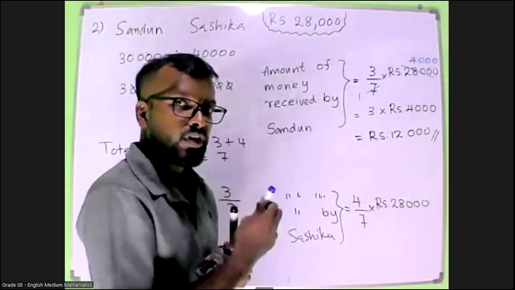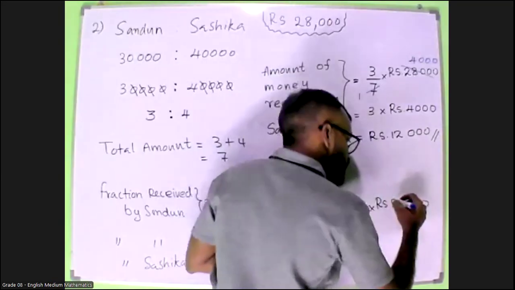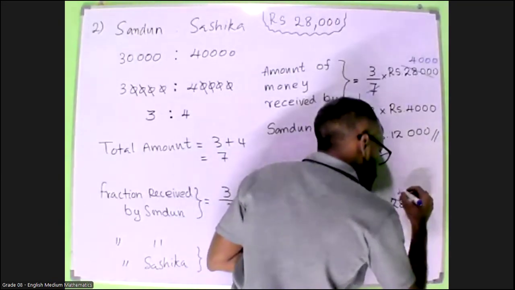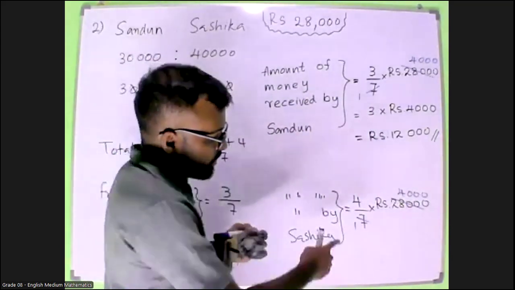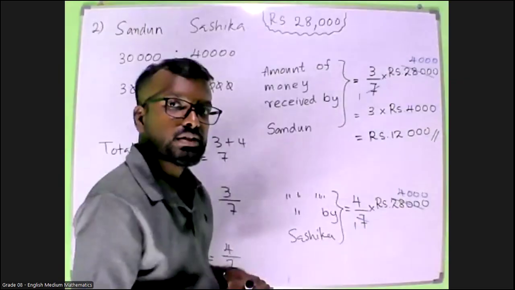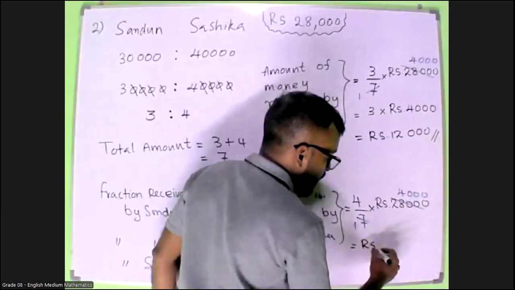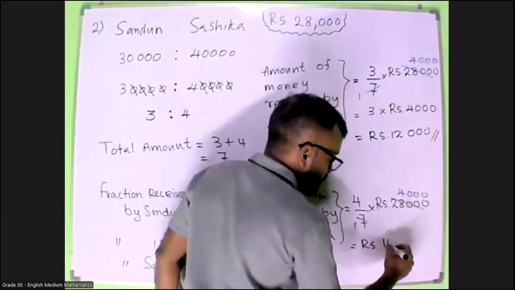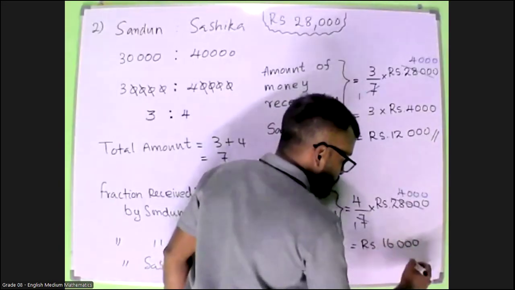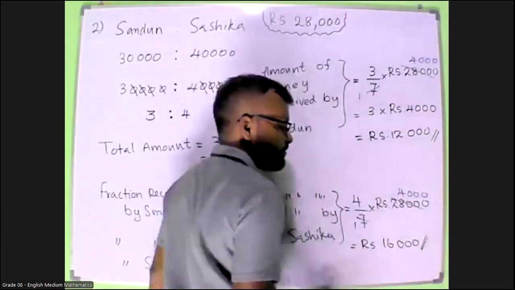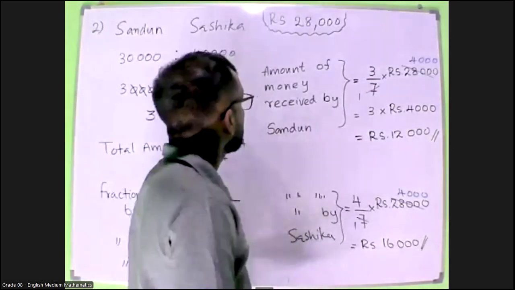I did it previously. 7 times 4,000. 4 times 4, 16. Then you have to add 3 zeros at the end. 4 times 4, 16. And how many zeros? 1, 2, 3. Altogether 16,000.